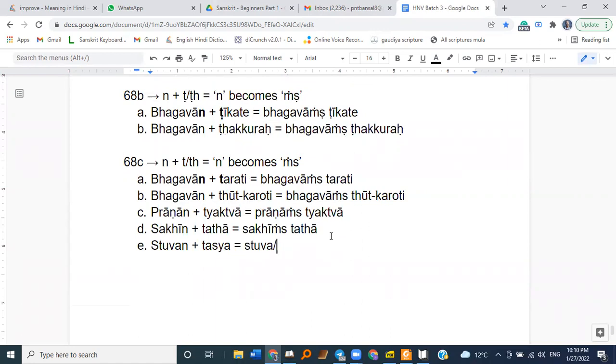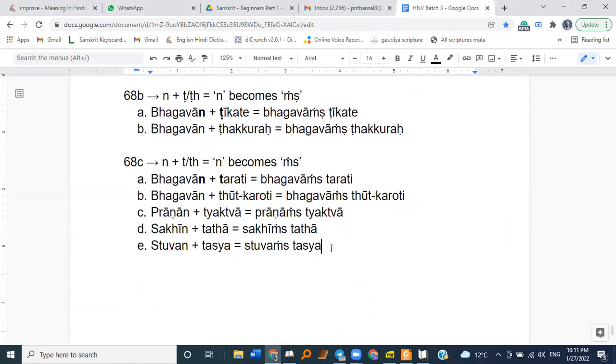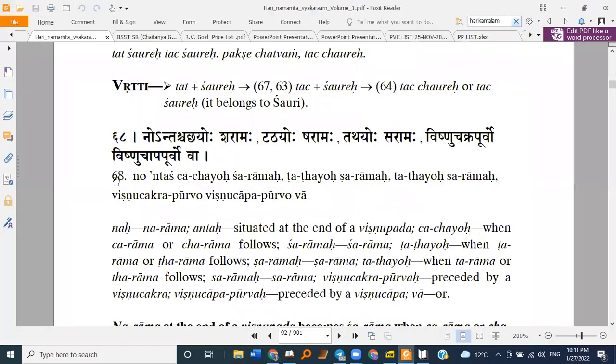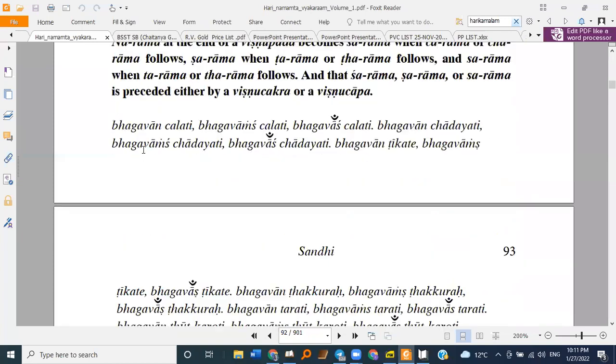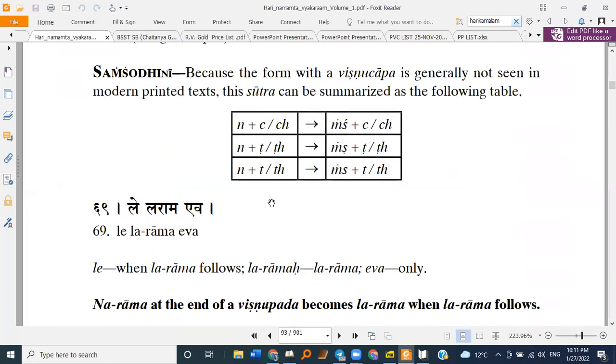Stuvangs tasya. Yes. Stuvangs tasya. So quite common. Okay. Then this was 68, with 3 parts in it. And there's also this small chart here, an illustration showing the same thing.